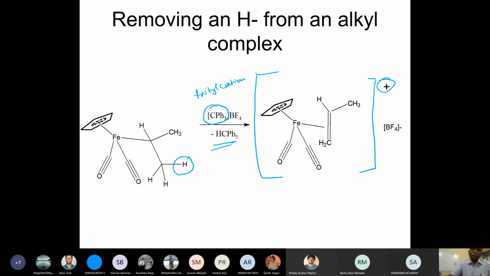It's got a positive charge, and BF4 minus is a counterion. Okay, so this has not been listed in the main ways by which you can make complexes, but removing H minus or, in another instance, I think you can add an H plus. You can do these things and generate an olefin complex.